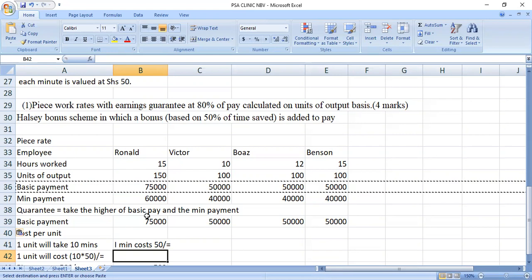So I hope we're seeing a difference here, Shakira. For piece rates, you need the piece rate itself, which is the cost per unit, and that rate is supposed to be multiplied by the number of units that you produced to come up with the actual payment. So I don't know what is confusing people here, but that is it.